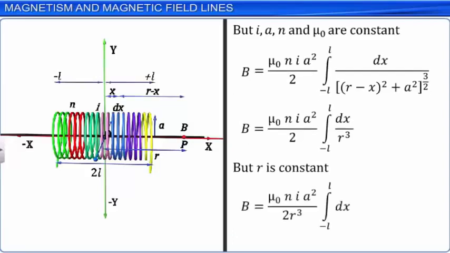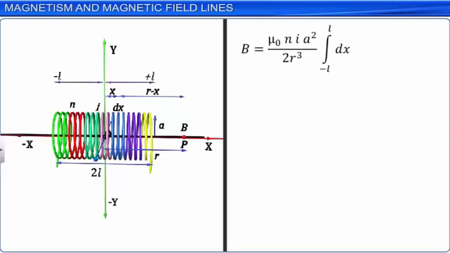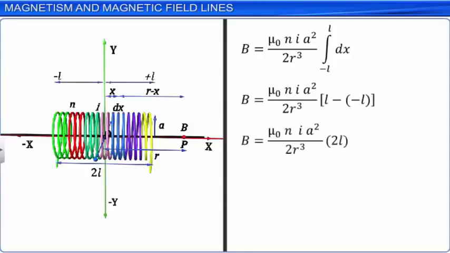On integrating and substituting the limits, we get B = μ₀ n I a² by 2R cube into 2L. By multiplying the numerator and denominator with π and rearranging the terms, we get the magnetic induction B = μ₀ by 2π into n I 2L π a² by R cube.